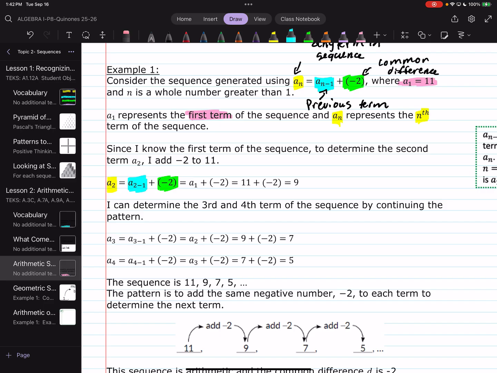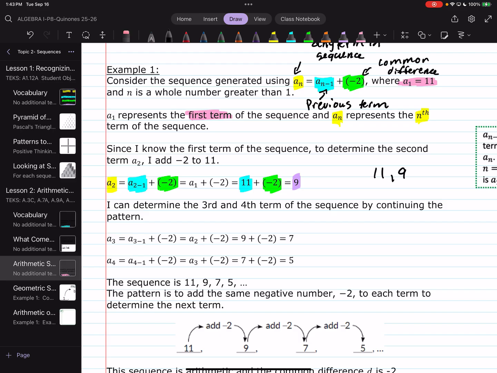We said that that is equal to 11. So then 11 plus -2 gives me +9. So far we have 11, 9.